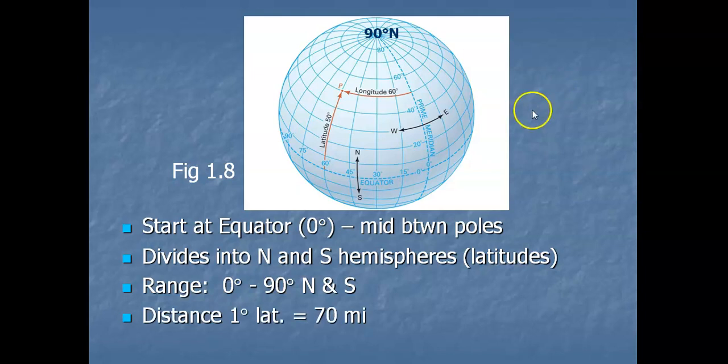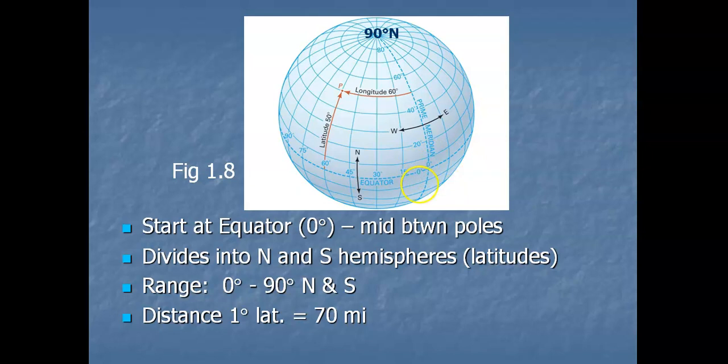Now, since each line of latitude is perfectly parallel to one another, it represents an equal distance on the ground. If you're driving north or south 70 miles on the ground, you are actually driving a distance of about 70 miles. We just round it off.